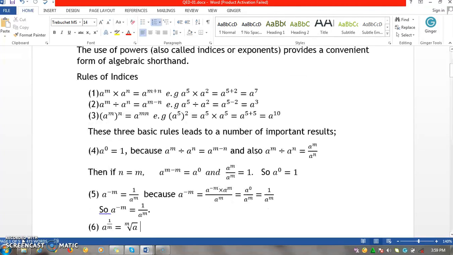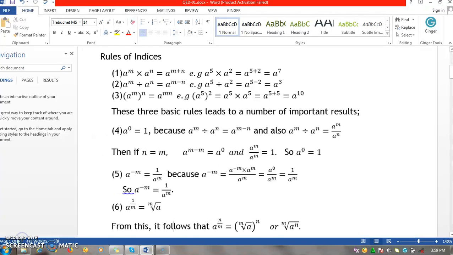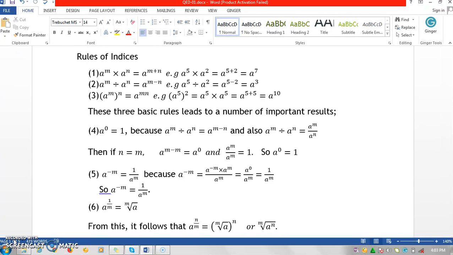And the fifth example, the last law, rule number 5, says a to the inverse of n, a^-n, is like saying 1 over a raised power n. That's because a^-n is equal to 1 over a raised power n. This is another law which you need to take note of.